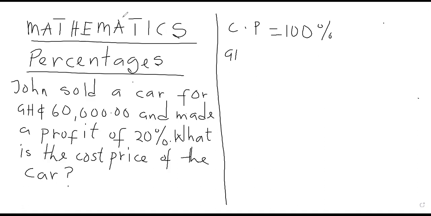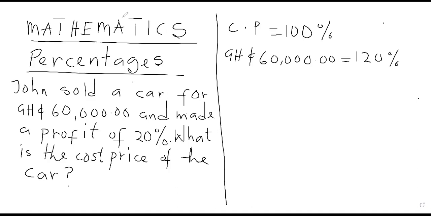So 60,000 Ghana cedis is equal to, under percentage increase, that's profit percent. So we add 20% to 100%. That gives us 120%.